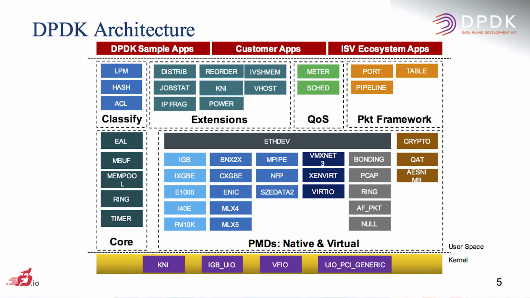DPDK uses the traditional allocation mechanism of buffer pools, right? You just take a big amount of memory and you just chop it into fixed size slabs, and each slab will actually be able to store a packet. So that's why we need to spend a lot of attention on memory and getting the memory set up right.